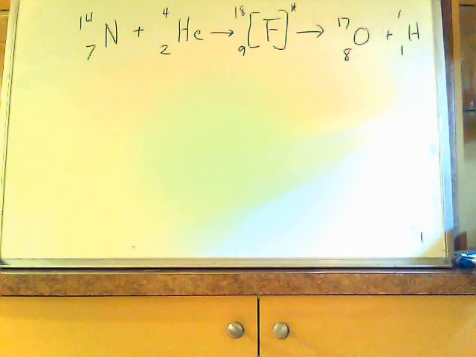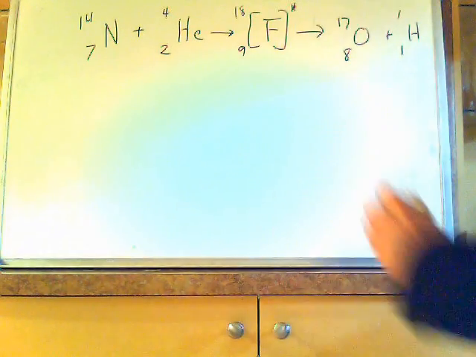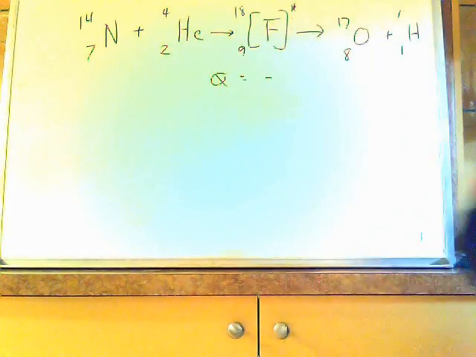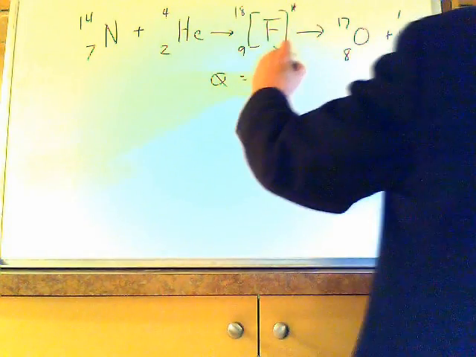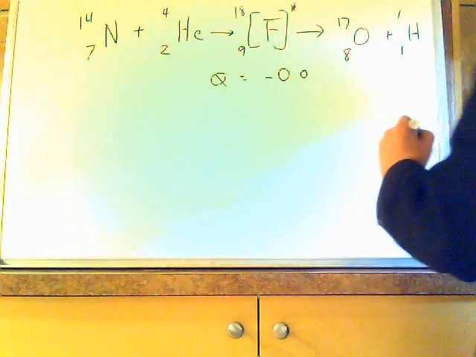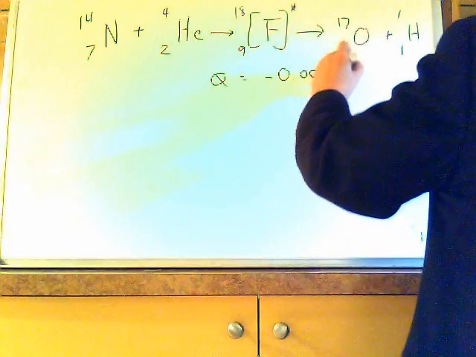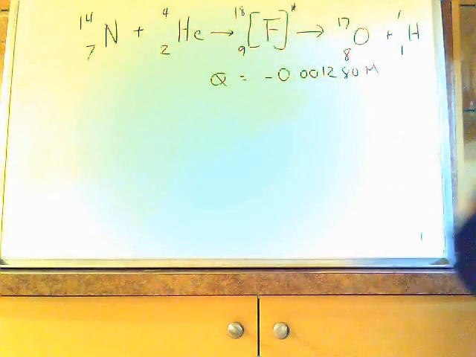18.006957. Now in this case, we're going to get a negative number when we take the reactants minus the products, and we're going to find that delta M is equal to minus 0.001280 atomic mass units.